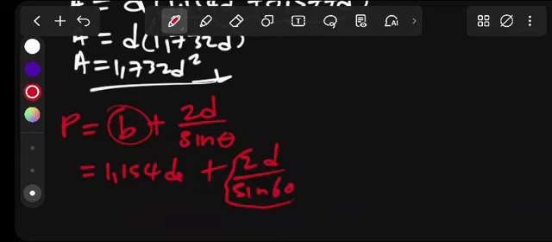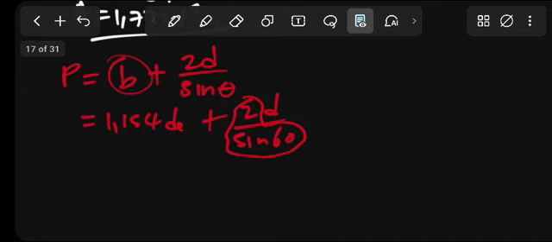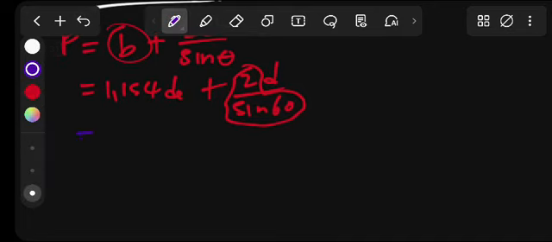Punch this now on your calculator. You will get this to be equals to 1.154 D plus, punching that, this will be 2.309 D, like that.